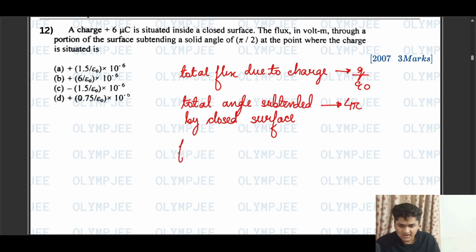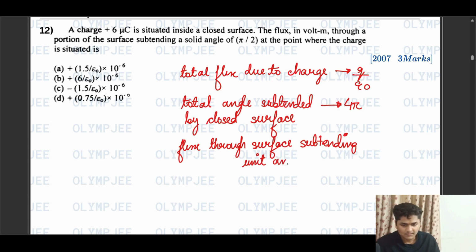So the flux through a surface subtending unit angle can be given as Q by 4 pi epsilon naught.